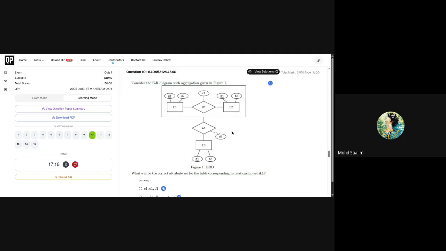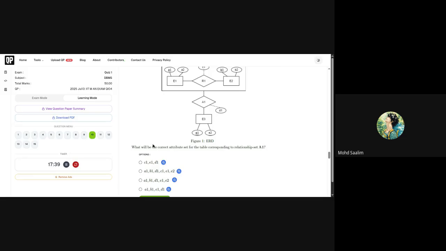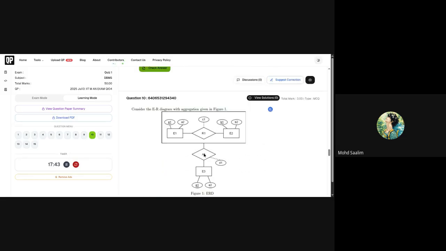In this aggregation, which attributes will be present? All five? A1, A2, B1, B2, and C1, right? Yes, sir. And they are asking which attributes will be present in relationship set A1, this relationship.